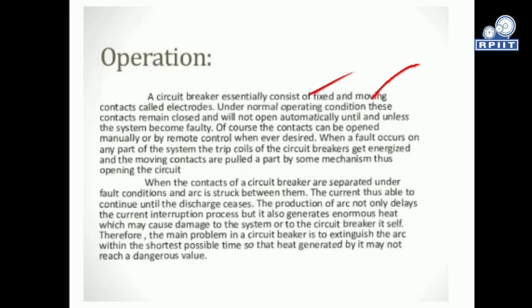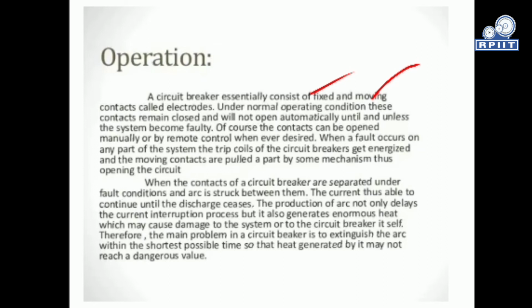When the circuit breaker contacts separate under fault condition, an arc is struck between them. The current is able to flow continuously until the discharge ceases. This production of arc not only delays the current interruption process but also generates enormous heat which may cause damage to the system and the circuit breaker itself.